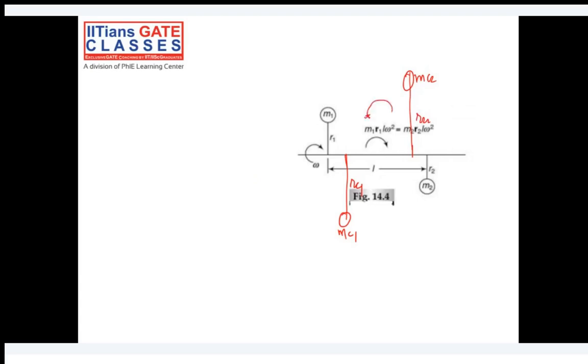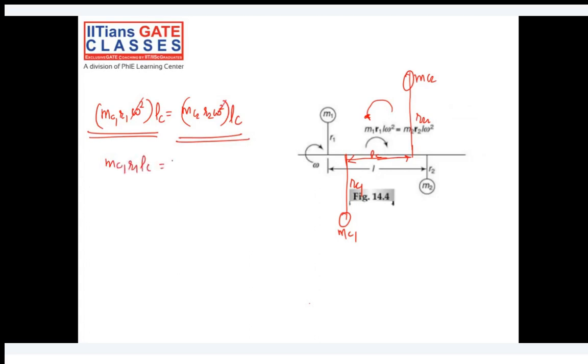The value of this counterclockwise couple will be MC1 R1 omega square into L, and we know it will be equal to MC2 R2 omega square into LC, because the distance between them is LC. Here omega is cancelled, you can just neglect it. So MC1 R1 LC equals MC2 R2 LC.